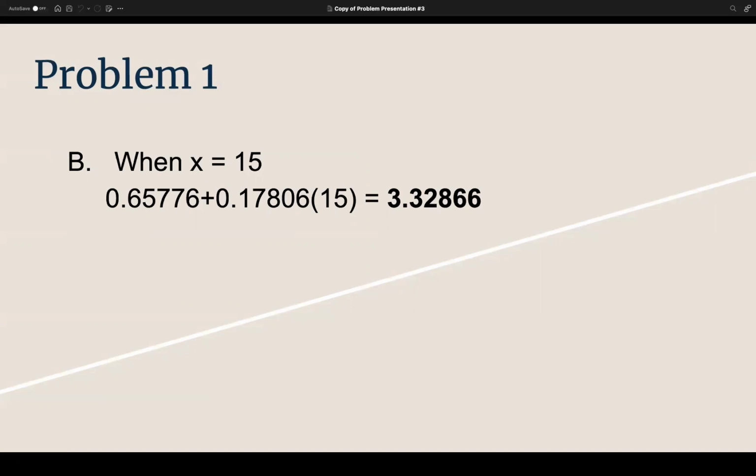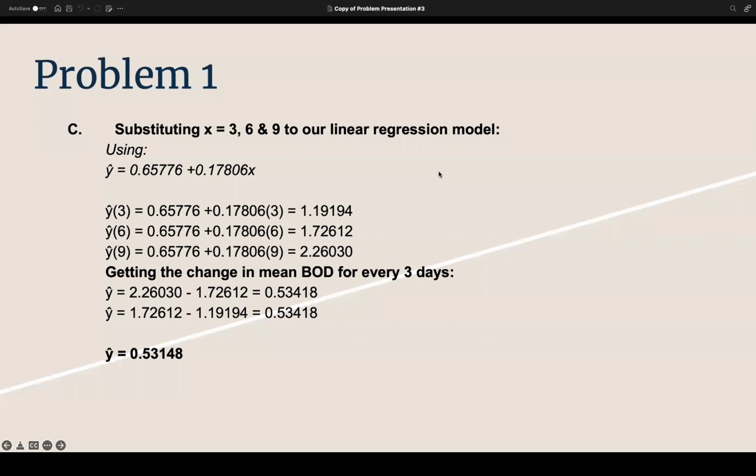Now, when x is equal to 15, we just need to plug in the values. Plugging in the value would give us a y value of 3.32866, which is the biochemical oxygen demand in milligrams per liter. So to get the change in 3 days, we would substitute x equal to 3, 6, and 9 into our linear regression model or equation.